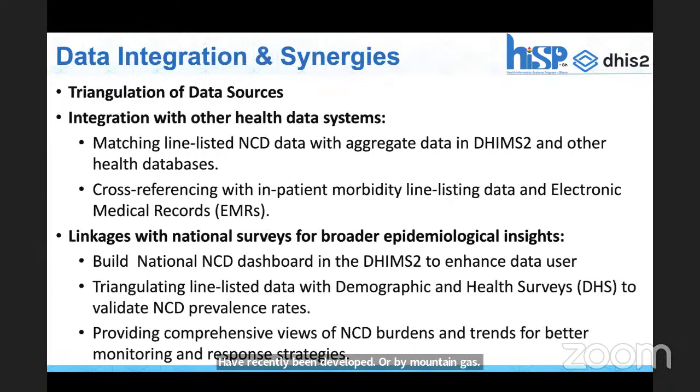we identified. Another had to do with data integration and trying to create synergies, because the country is currently deploying an EMR for all teaching hospitals, regional hospitals, and other hospitals that is containing client data, and this is not currently integrated to some extent with the national HMIS, which is the DHIMS2.